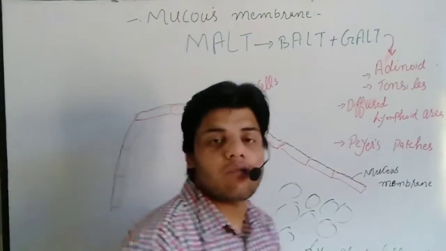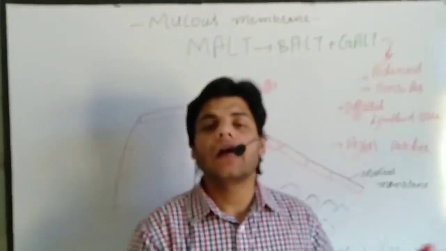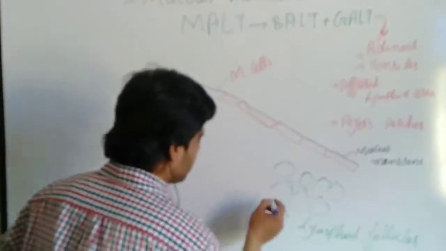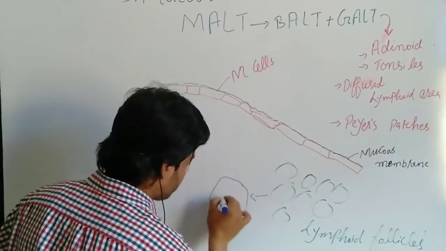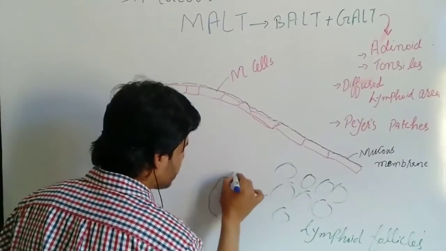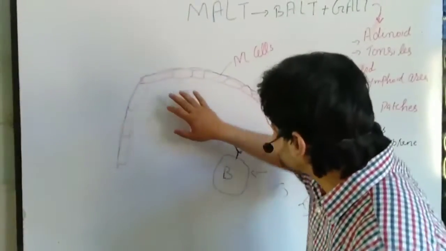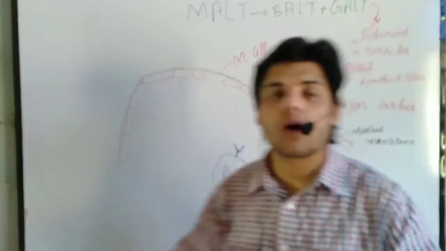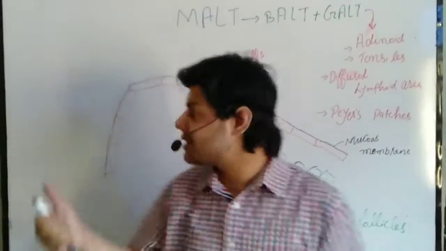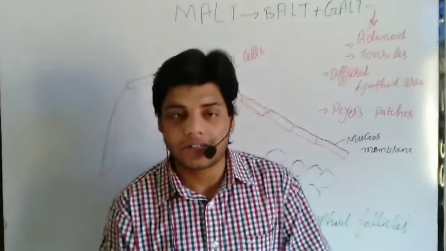Among each lymphoid follicle, they contain B cells. Now what actually happens? If we discuss this M cell, let me draw a larger diagram of this M cell for your understanding.